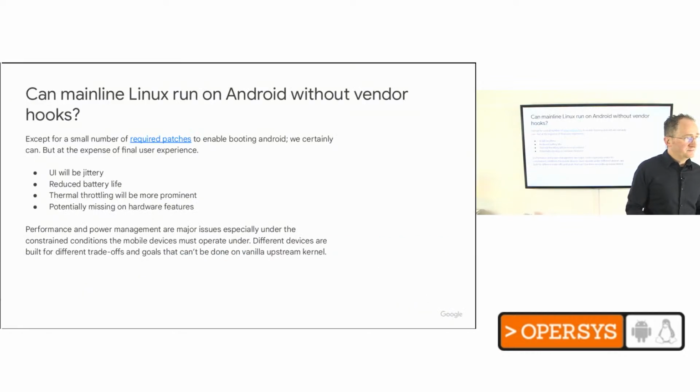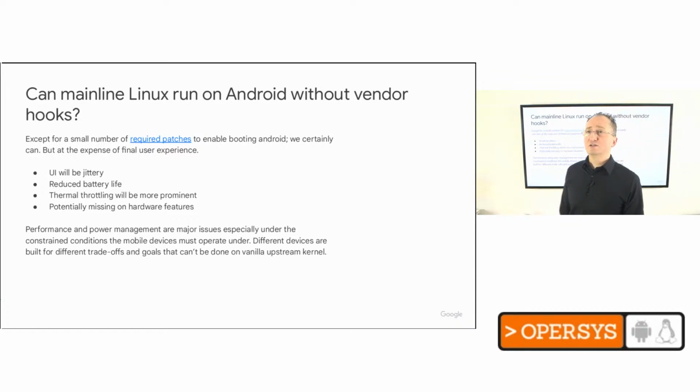Okay, this is a presentation by Qais Yousef, who was asking the question, can you run Android without the vendor hooks? Just a bit of context here. The generic kernel image from Google, the GKI, is prefabricated by Google, so you're not at liberty to change the build configuration to add what you want or modify the code.